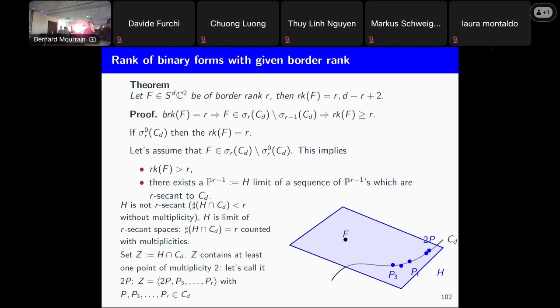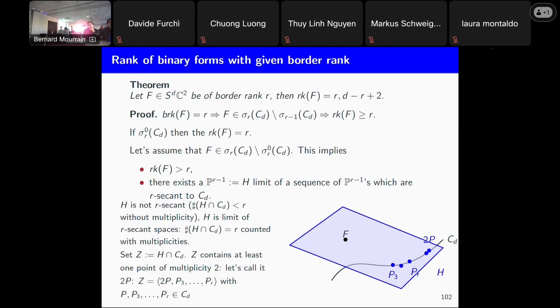And I just want to prove that if the border rank is R, then the rank is D minus R plus 2. And I'm going to do it in a very geometric way. So if the border rank of F is R, then it belongs to the secant variety. So the rank can be R if it's in sigma R, and that's obvious.